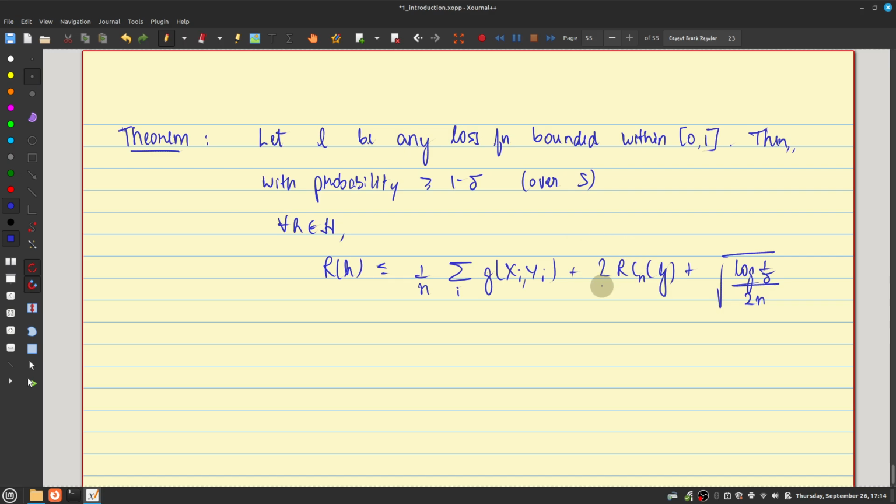So if the Rademacher complexity of G is something that decays roughly as 1 over 2n, then the generalization error is going to be very close to the empirical risk for all h in the hypothesis class, and I'll have uniform convergence.